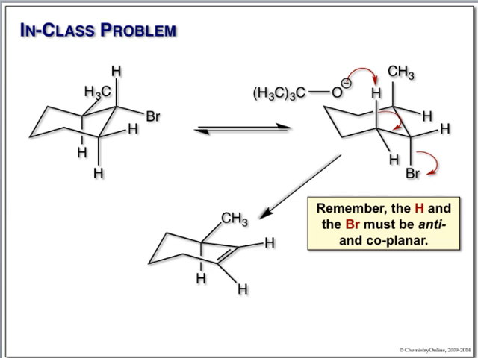This, I will be honest with you, is a very classic exam question. Make sure you understand why you get the non-Zaitsev, the anti-Zaitsev product, simply because the methyl group and the bromine are trans here. Has to be a hydrogen, and so this is what happens.